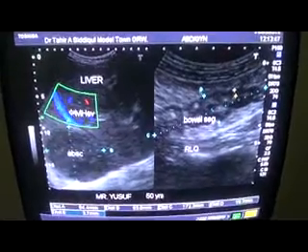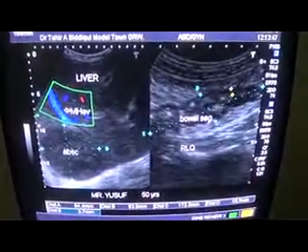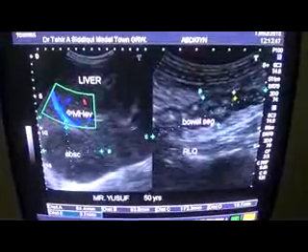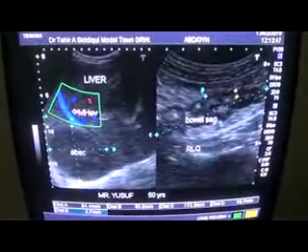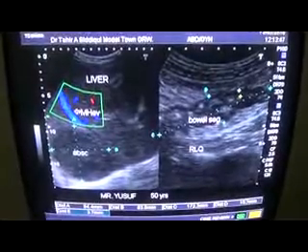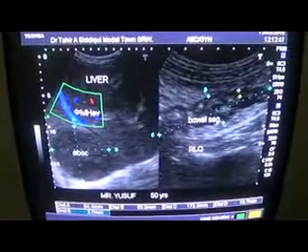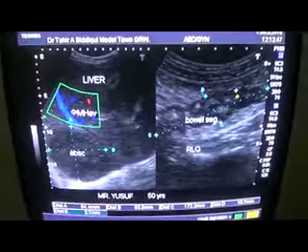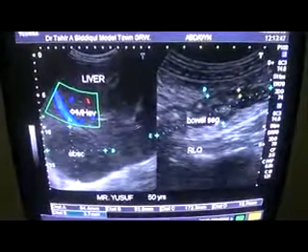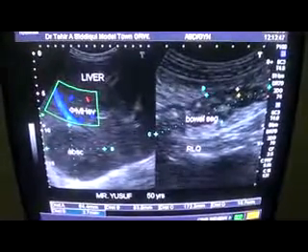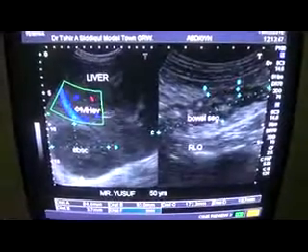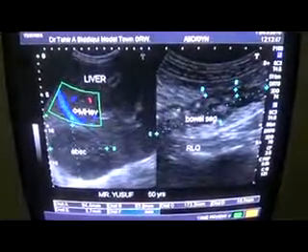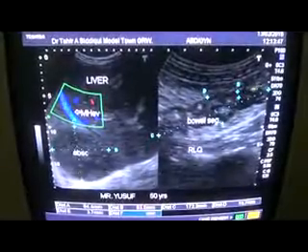Well, this frozen image is that of a 50-year-old male with a history of low-grade pain in the right lower abdominal quadrant. And I want to show you that in this frozen image, this longitudinal tubular structure has a hypoechoic, irregular wall.